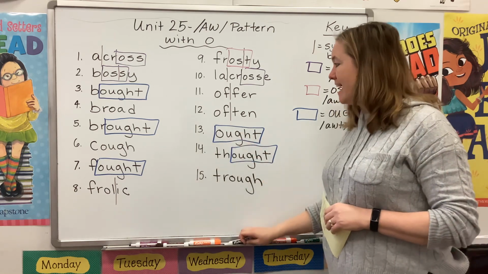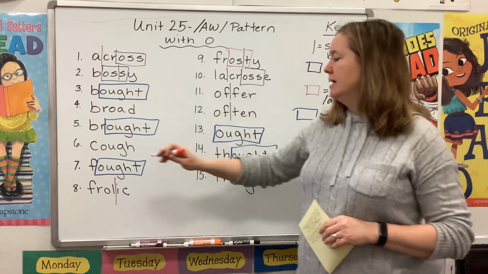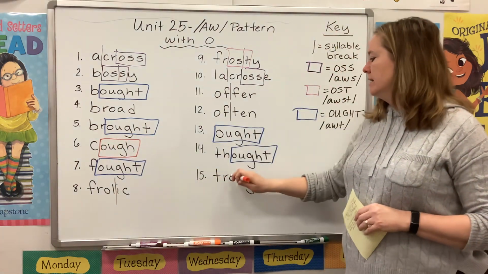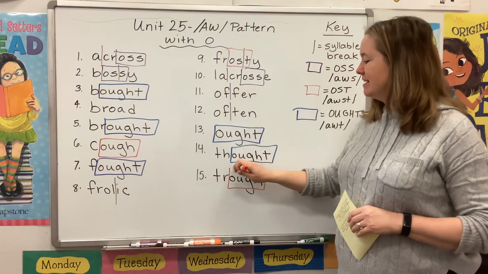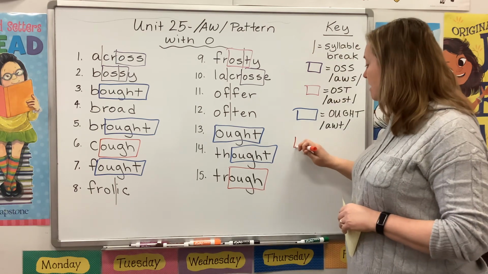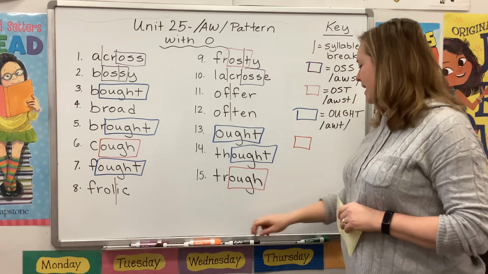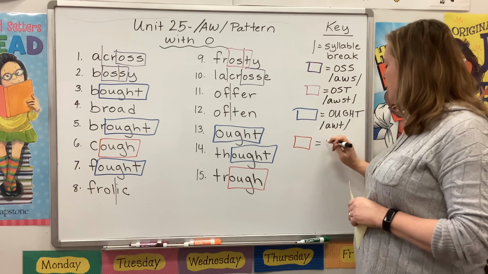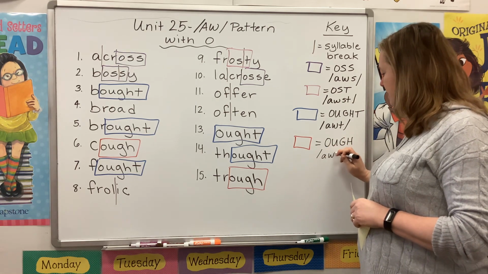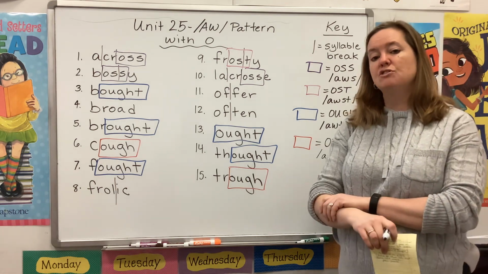Now, when that OUGH is by itself at the end of a word, like cough or trough, what happens there? Yeah, suddenly this ah sound appears, right? So cough and trough end with OUGH, but for some crazy reason, the ah sound appears. Cough, trough.